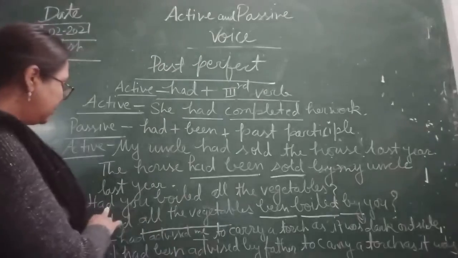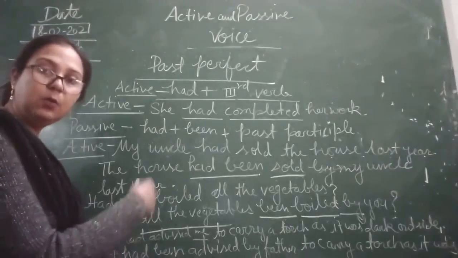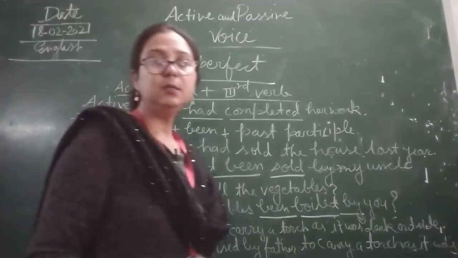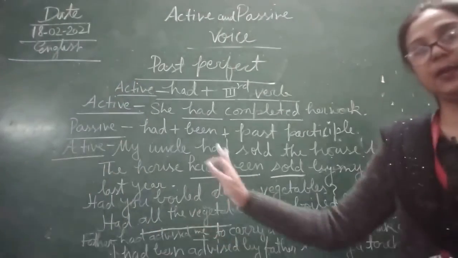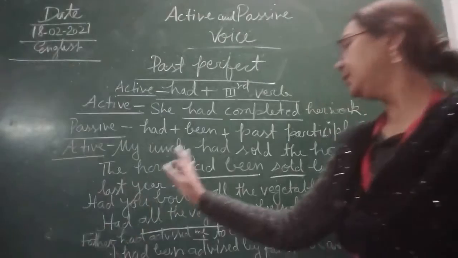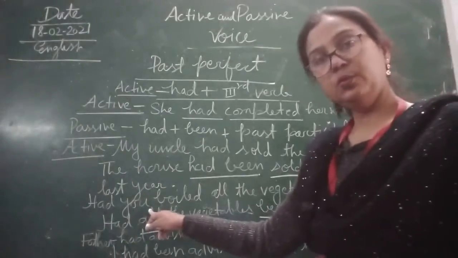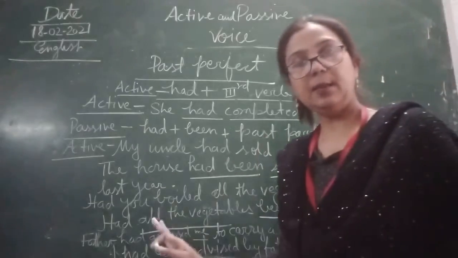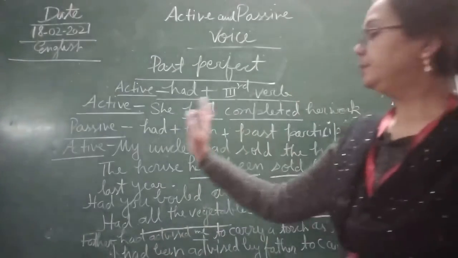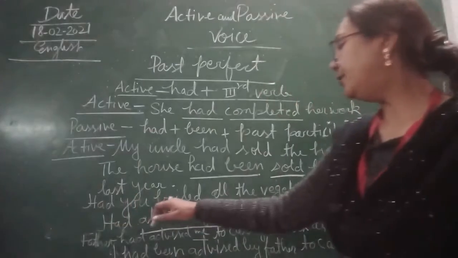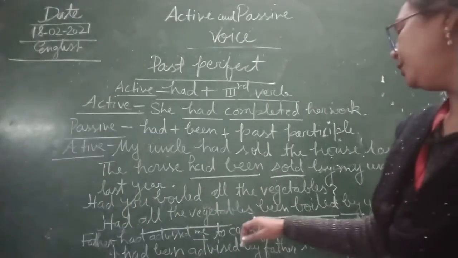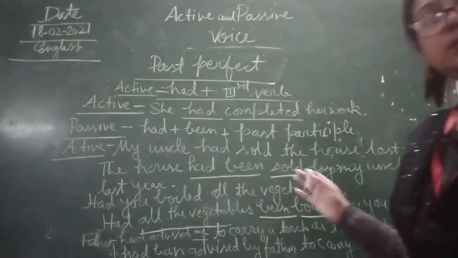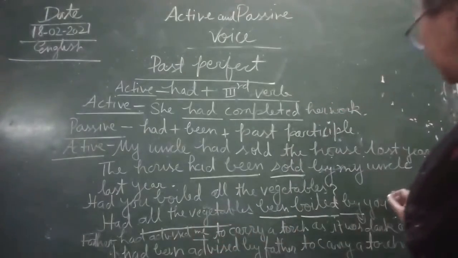We have discussed over here one question also, how to convert a question in passive voice. "Had" will be placed at the first, and then "you boiled all the vegetables." All rules will remain the same, only we place "had" there, and after the subject you will write "been" and then the other object, and after that the question mark.